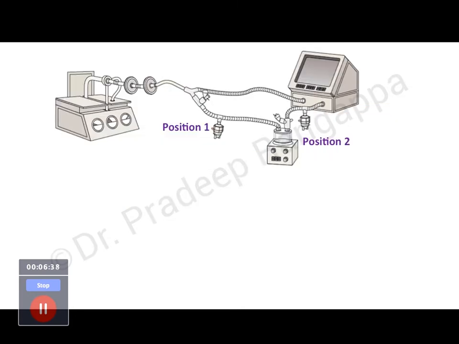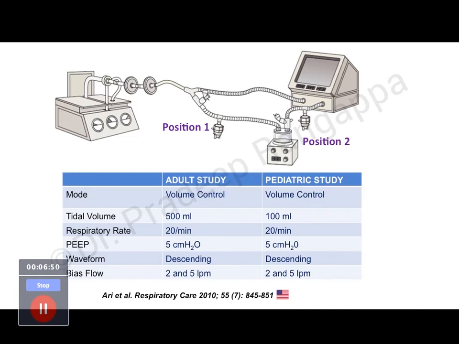So then Ari did another study. Here again he placed one at 6 inches from the Y piece, and position 2 was 6 inches from the ventilator, and he did a comparison in adult and pediatric, and he took other elements into the study. So he looked at the bias flow.